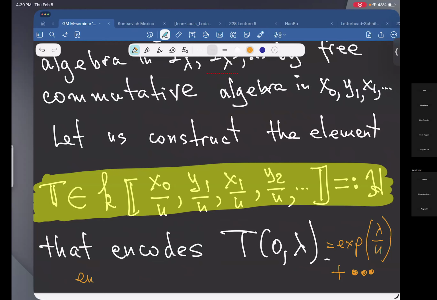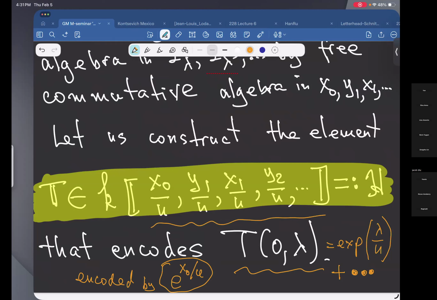So maybe let me just say that it was encoded by a function in one variable, and the formula for this transition function, t of 0 lambda, will be something encoded by a function in infinitely many variables. And again, probably let me just indicate, hopefully in a minute, what kind of function of infinitely many variables.